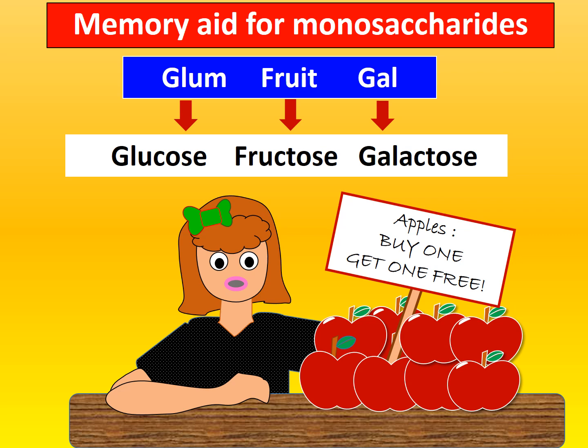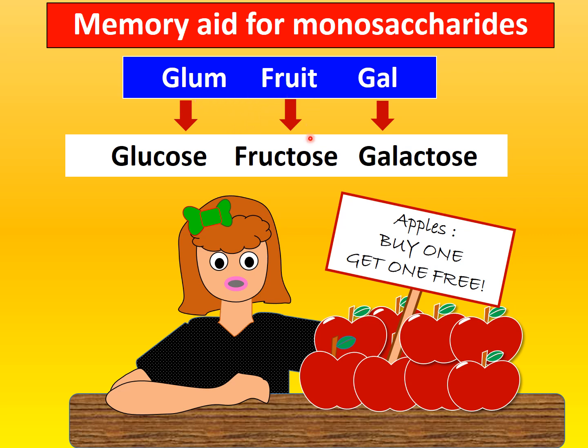Here is a good memory aid for you to remember the 3 monosaccharides: glucose, fructose, and galactose. Remember, glum, fruit, gal. Instead of girl, we can call this girl's gal. Glum is for glucose, the first 3 letters.